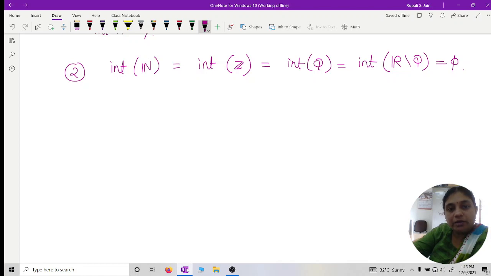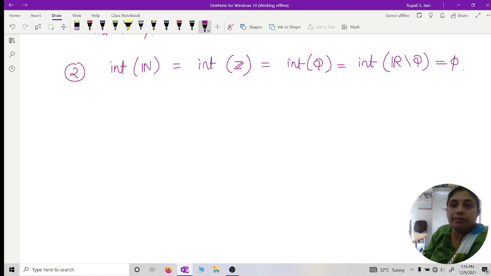because whatever the small interval, if it is the set of natural numbers, it will contain rationals, we can say. The set of integers also, we can say contains rationals. If it is the set of rational numbers, we can say it contains irrational numbers.